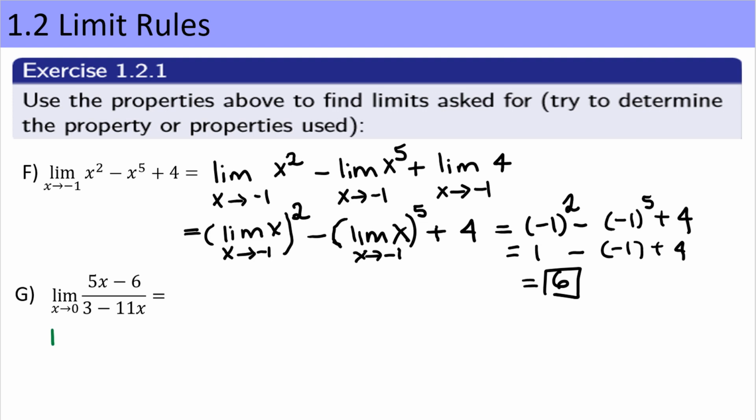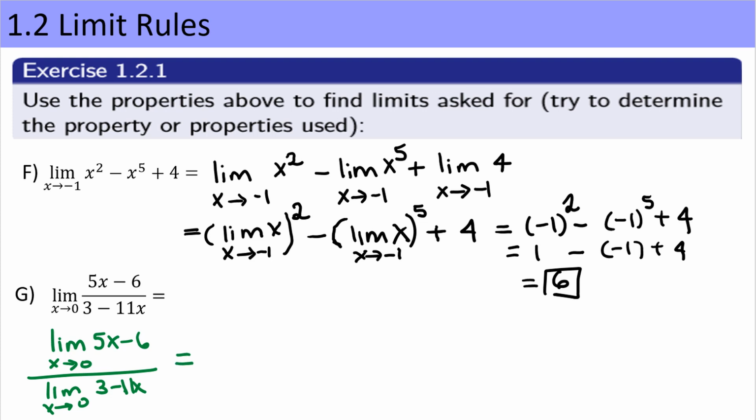So we would have the limit as x approaches 0 of 5x minus 6, divided by the limit as x approaches 0 of 3 minus 11x.